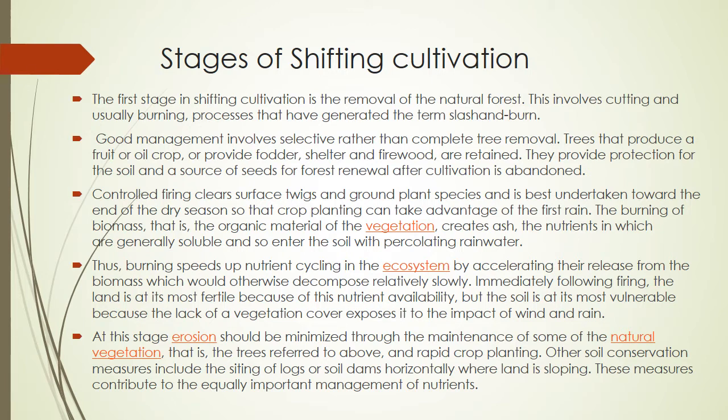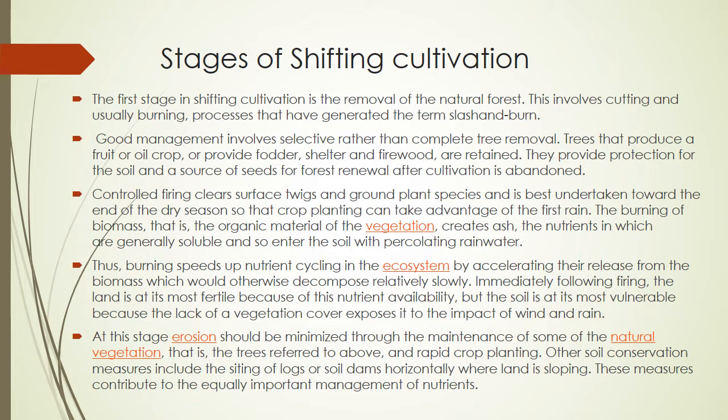At this stage, the erosion should be minimized through the maintenance of some type of natural vegetation, such as the trees referred to above, or rapid crop planting. Other soil conservation measures include setting of logs or soil dams horizontally where land is sloping. These measures contribute to equally important management of nutrients.